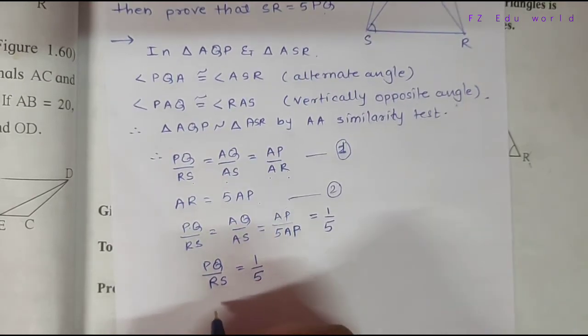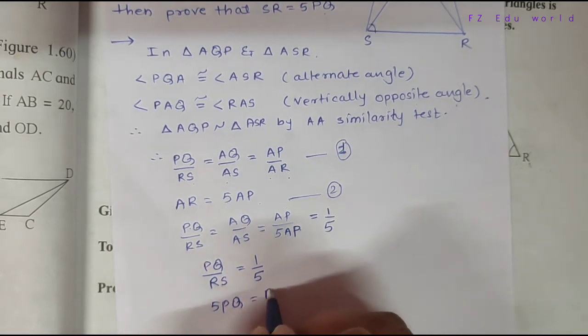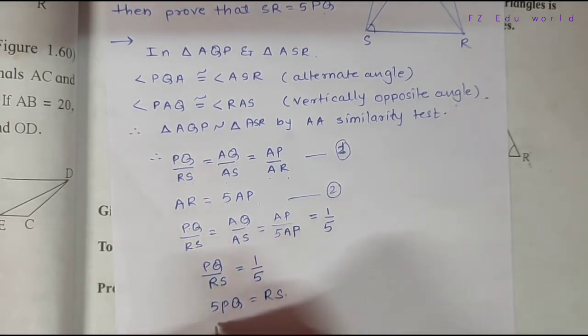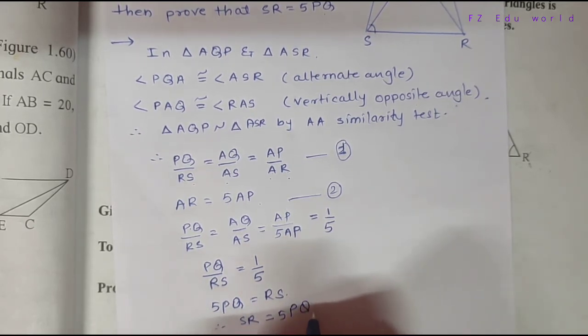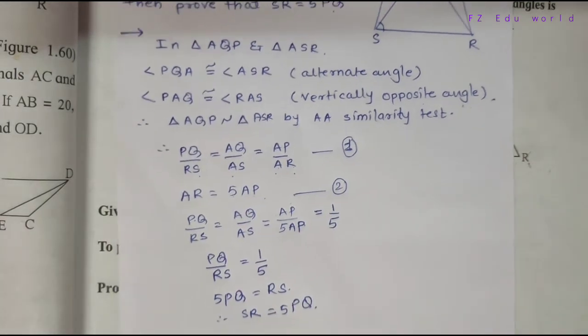Now 5 PQ is equal to RS, or SR is equal to 5 PQ. It is proved.